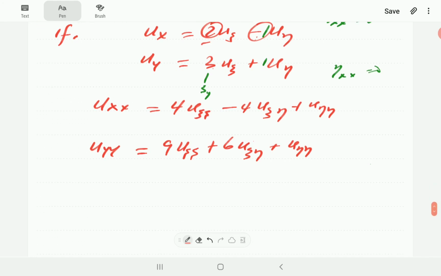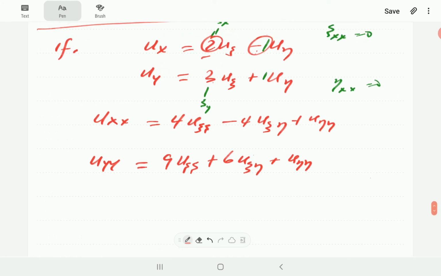Then the mixed derivative term again we can find. So this and this gives us u_xi_xi, this times this gives us 6.